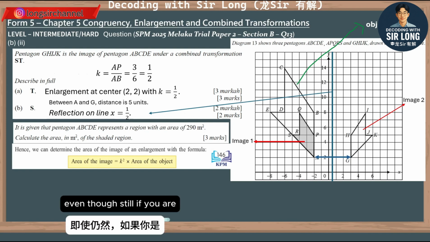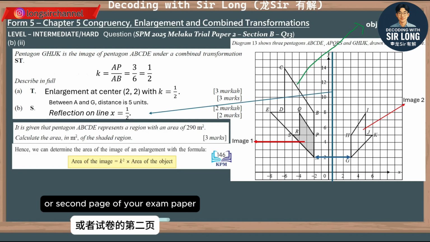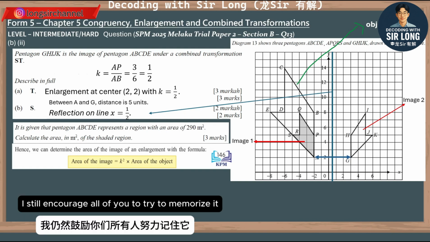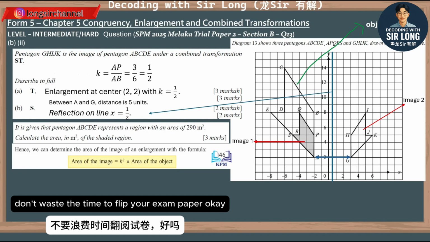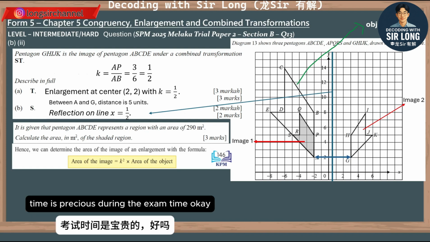Even though you are able to find this formula on the first page or second page of your exam paper, I still encourage all of you to try to memorize it. Don't waste time flipping your exam paper, okay? Time is precious during the exam.